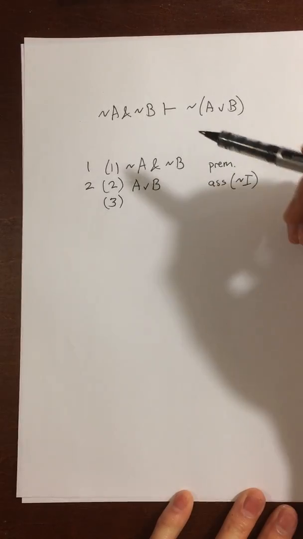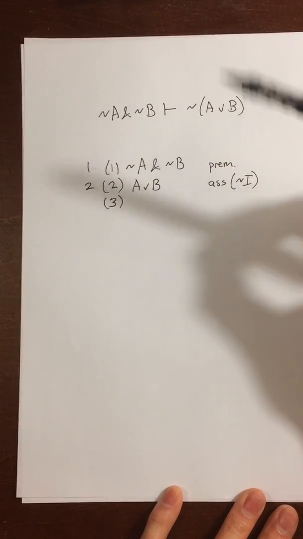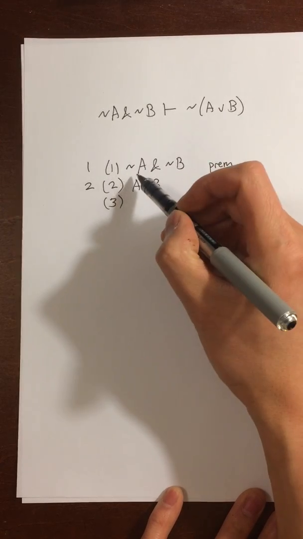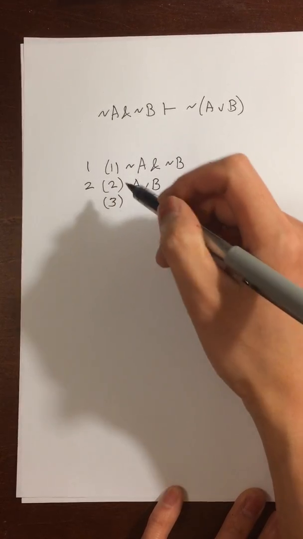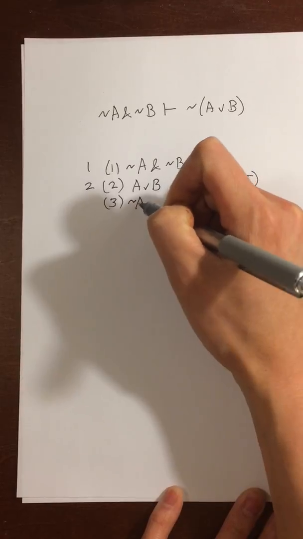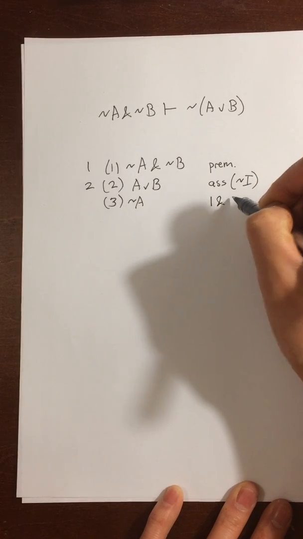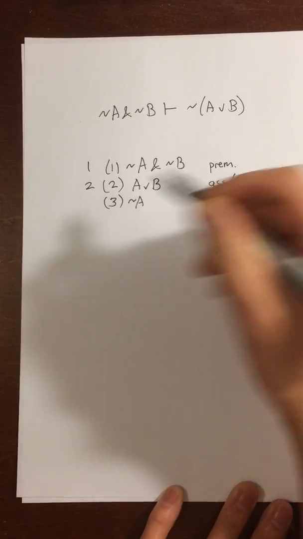Here, we can start to pull out from the premise that we have. So I'm going to take A. That's from 1, conjunction elimination.